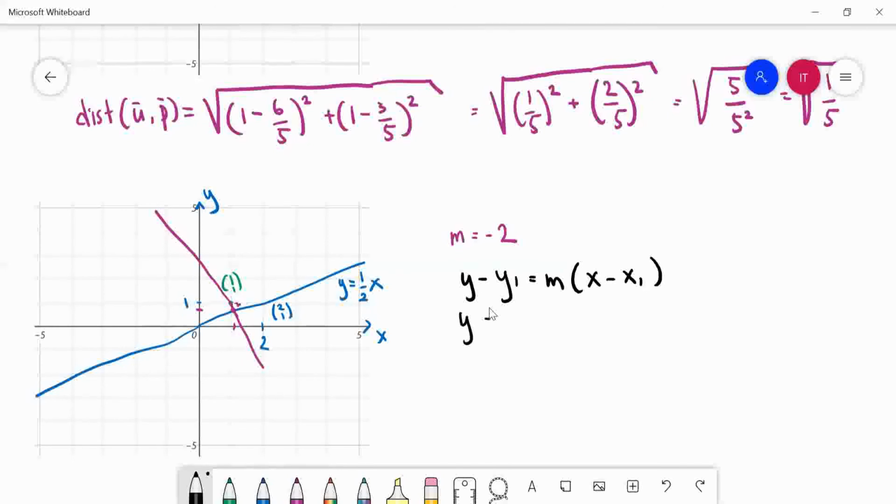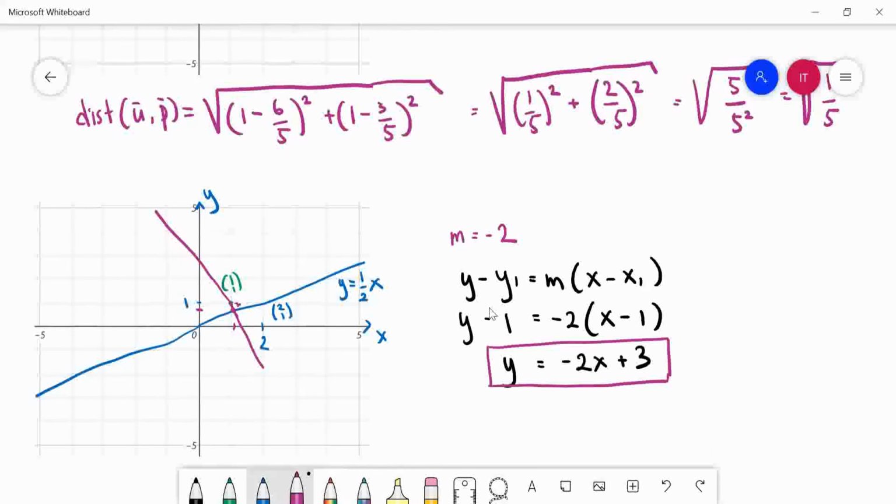You can put it here, and m is -2. So now y is -2x plus 2 plus 1. Okay, so now we have the equation of our magenta line.